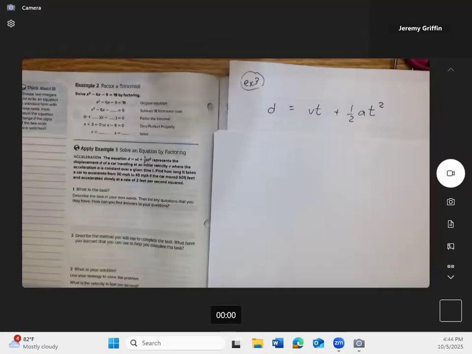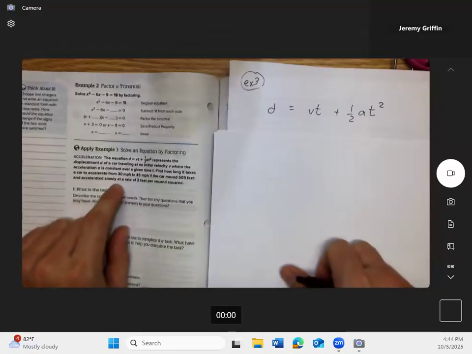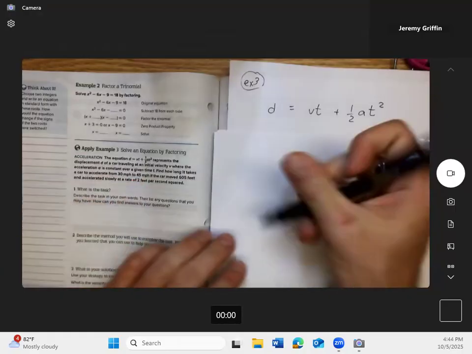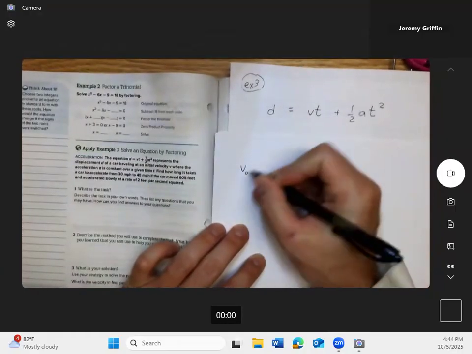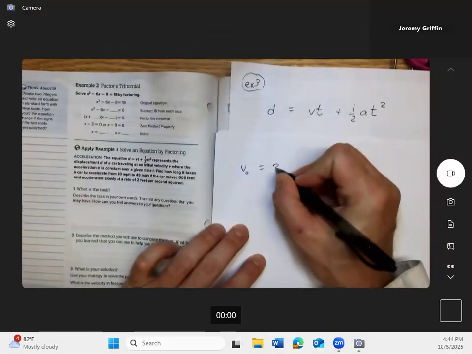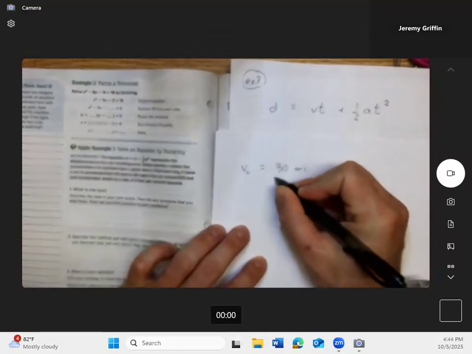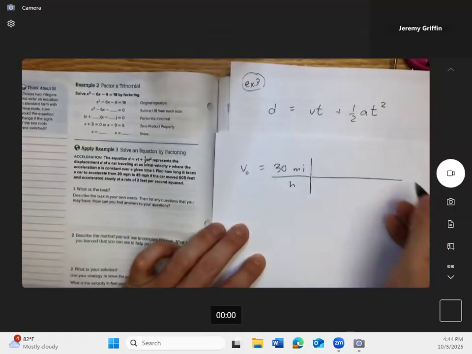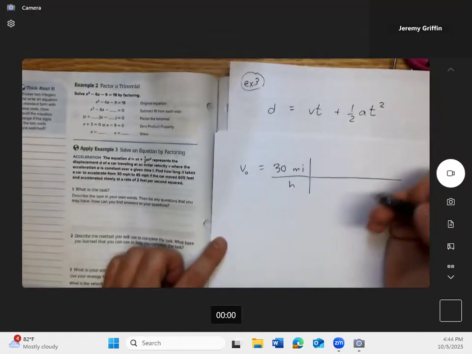I'm realizing now they actually gave you more information than you needed. They didn't have to tell you the final velocity, but I'll show you this does work out. So the initial velocity is 30 miles per hour, but let's convert that to feet per second so that all the numbers are consistent in the equation.